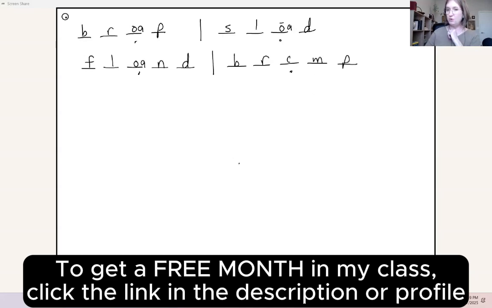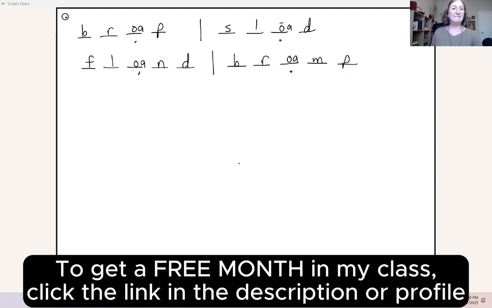Now I can't spell the O sound with just a plain old O right here because the next two letters are consonants and that would say bromp. So if I want this to say O, I have to put another vowel in the next one or two spots. That best choice is going to be an A. There's bromp.